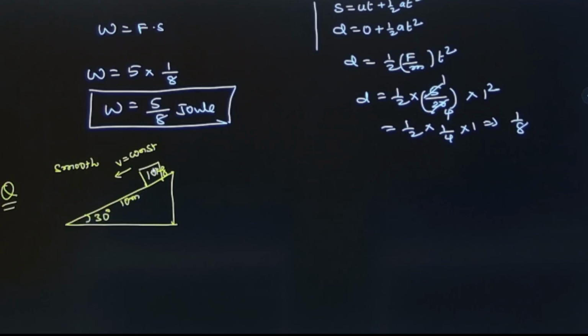Started from rest, it's moving with a constant velocity. How many meters has it traveled? It's 10 meters. W is equal to what? F into S. Which component of force is along the inclined plane? mg sin theta.